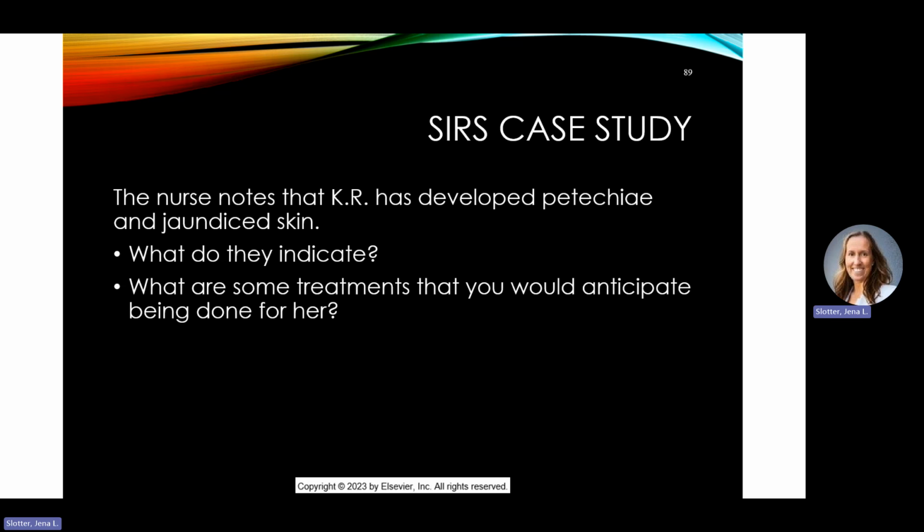So what's going on with our clotting here? What are some treatments that we would anticipate? Remember what we talked about, where obviously the priority is going to be the infection. So aggressive antibiotics. And then we're focused on maintaining oxygen, oftentimes a ventilator, intubation, and then just keeping an eye on all those body systems.